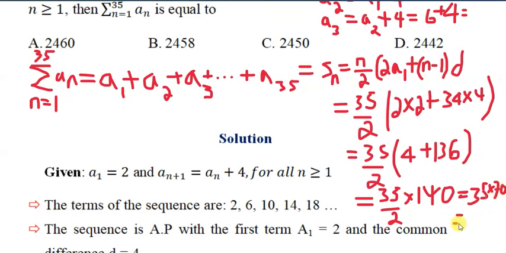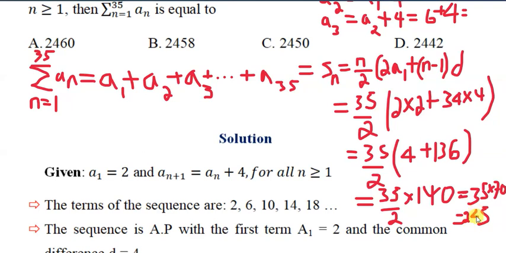Then 35 times 7: 7 times 5 gives us 35. Write 5 here, we have 3. 7 times 3 is 21. 21 and 3, 24.